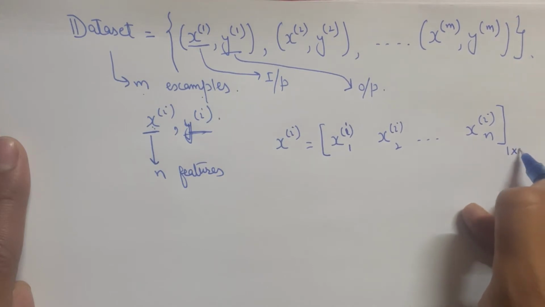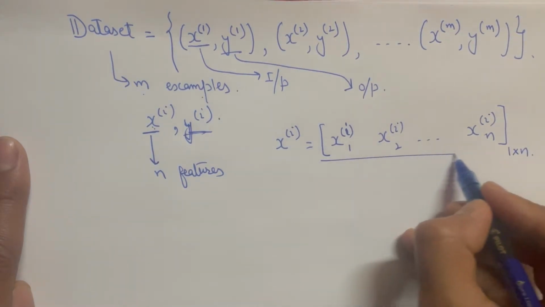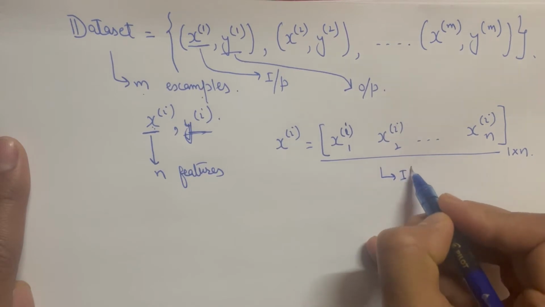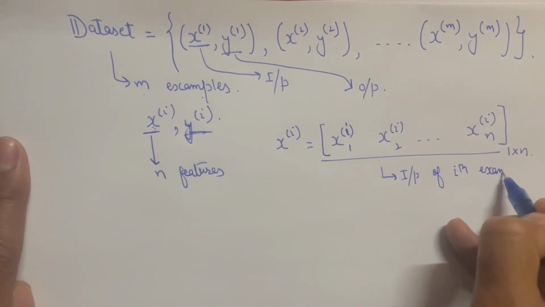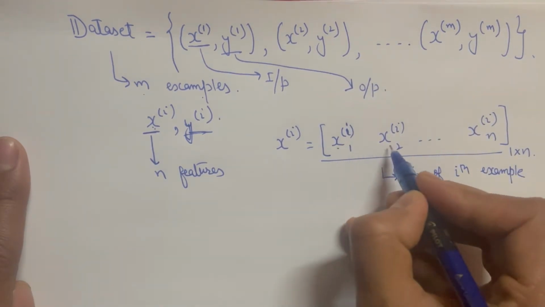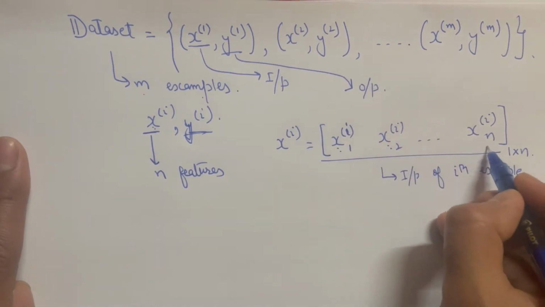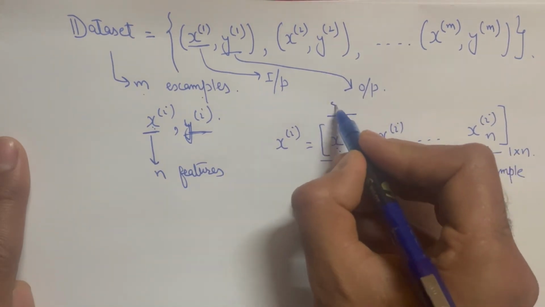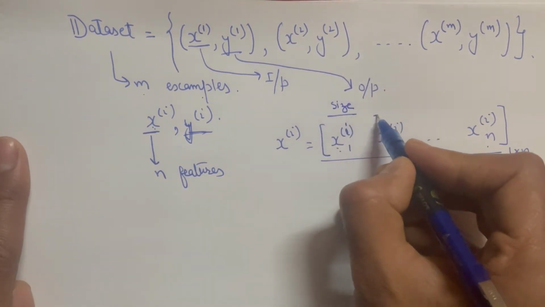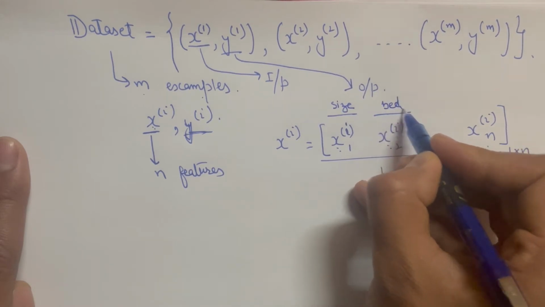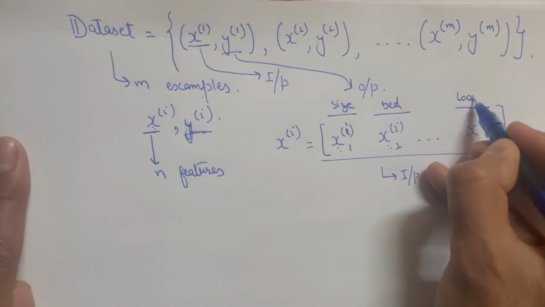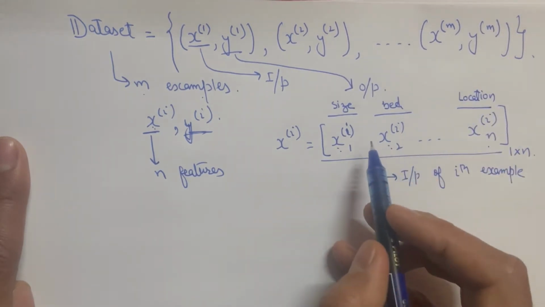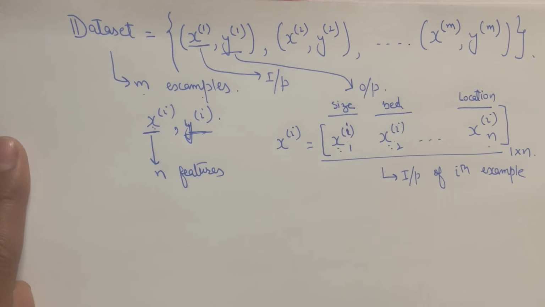This 1 cross n row vector represents the input of the ith example, and these are its parameters: parameter 1, parameter 2, parameter n. Like we were using for every house: size, number of bedrooms, and the other feature was location. So for every example, there were 3 input features.